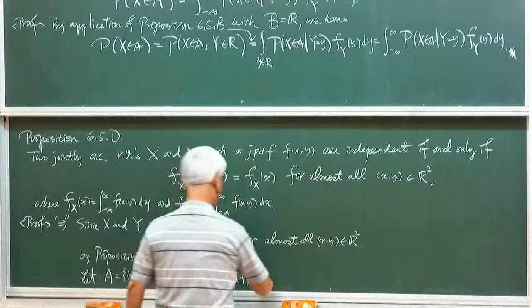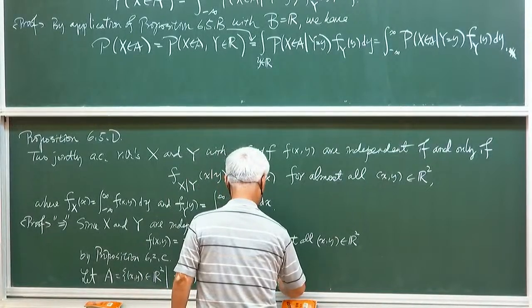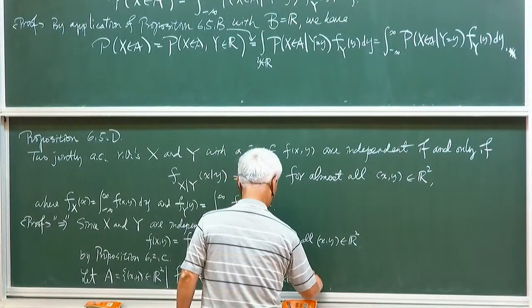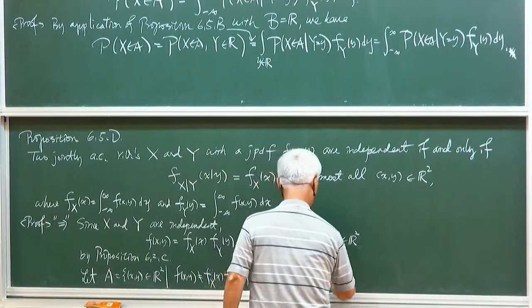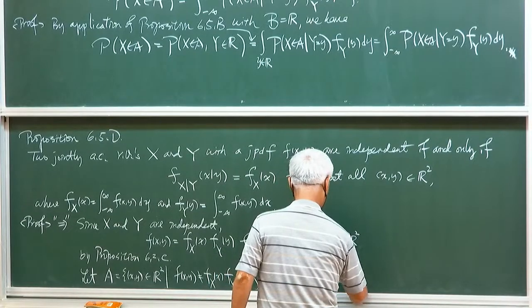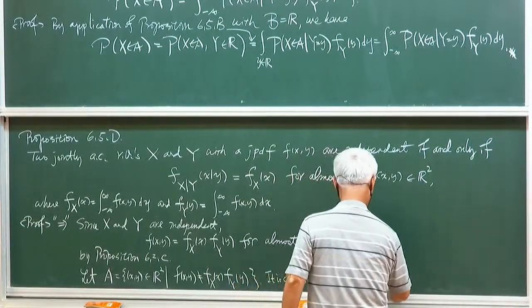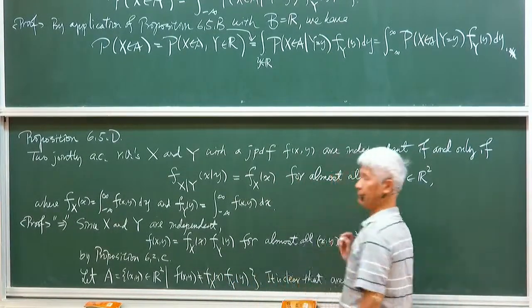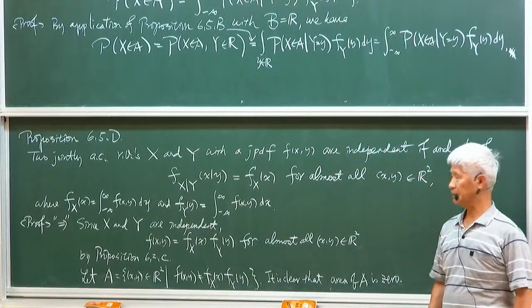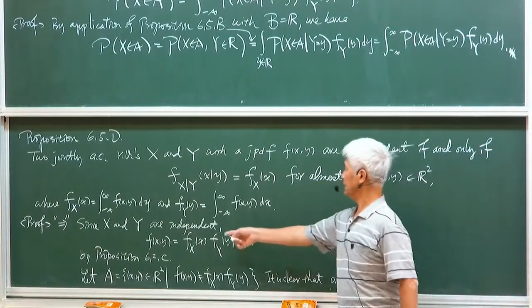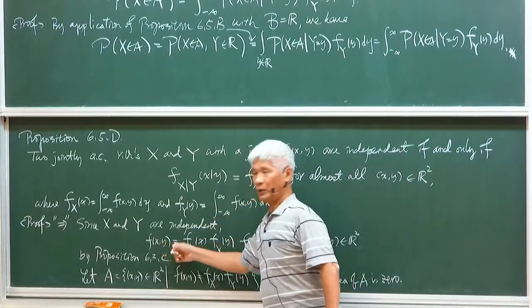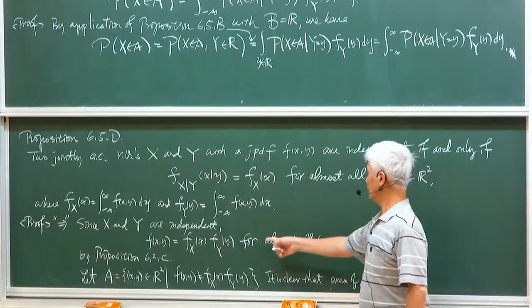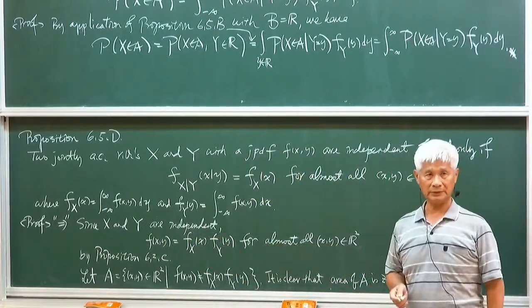It's clear that the area of A is 0, because we say that the equality holds for almost all xy.